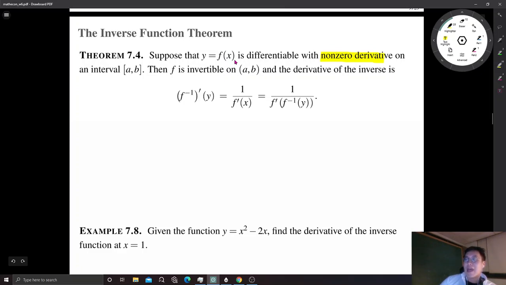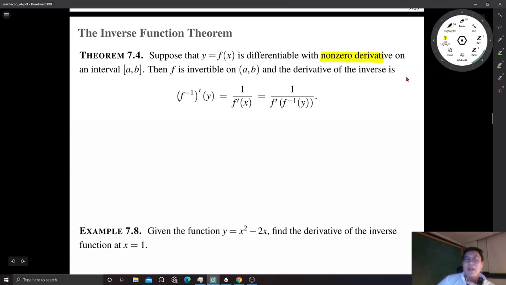Okay? Which in turn means that f of x is invertible. The inverse function exists. Okay? So the theorem tells us f is invertible, so f inverse exists on the interval between a and b.